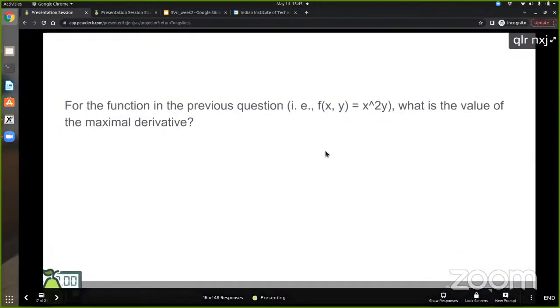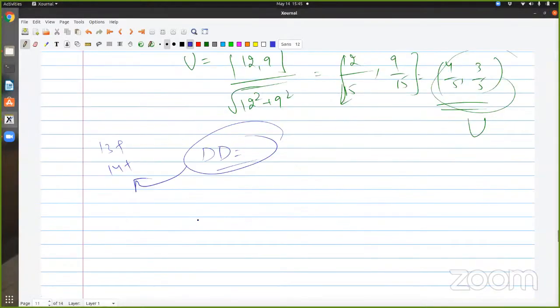Just use that vector as a unit vector and multiply it with the gradient. So the gradient was 12, 9. So 12 multiplied by 4 upon 5, plus 9 multiplied by 3 upon 5.